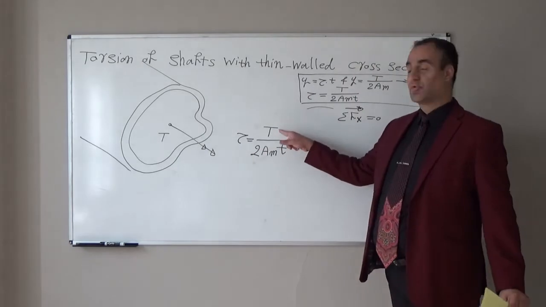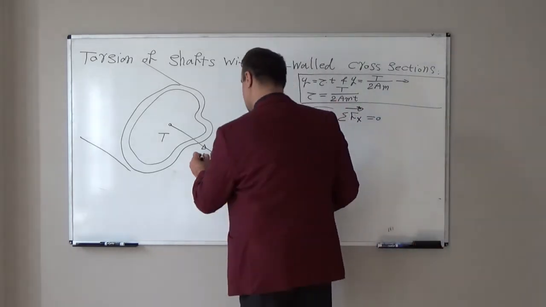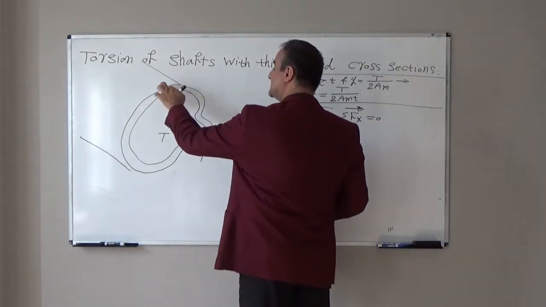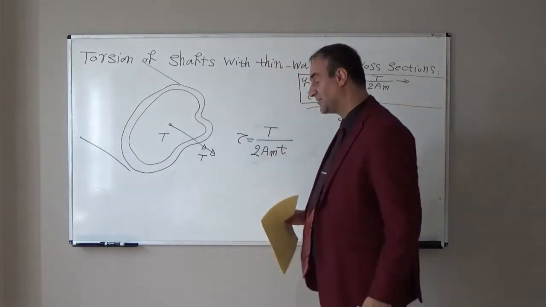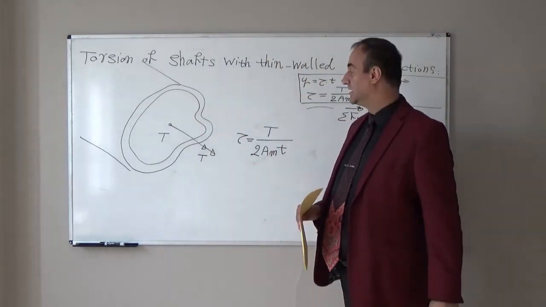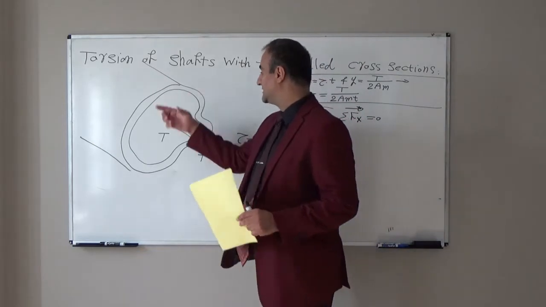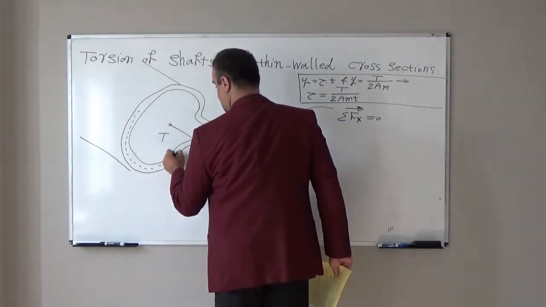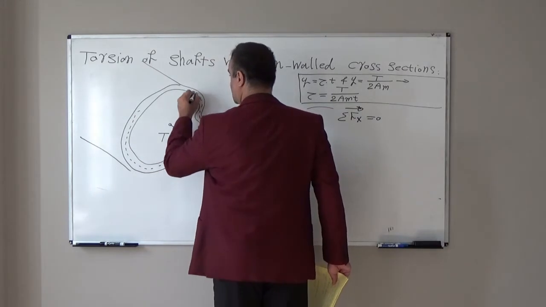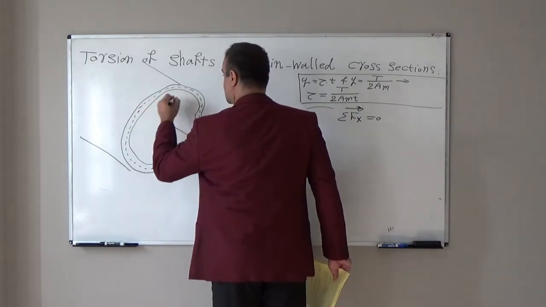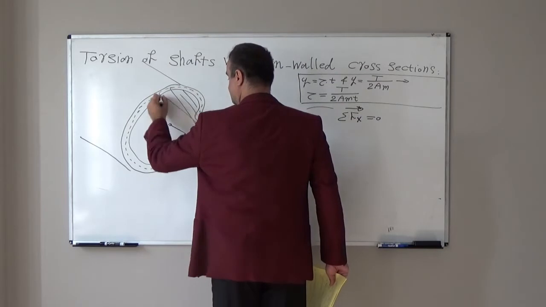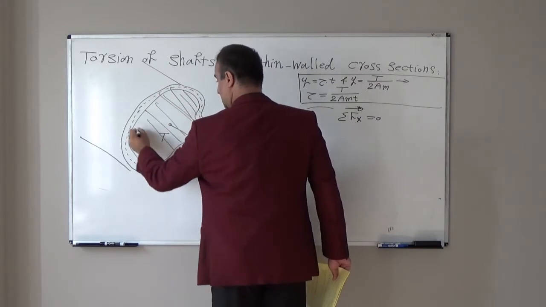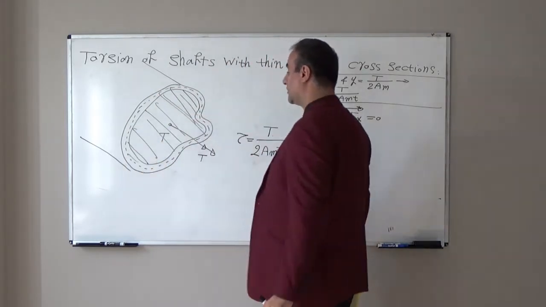This uppercase T is the torque we apply. This lowercase t is the average thickness. AM is the area enclosed by the mid-surface, which means this area. And 2 is a coefficient.